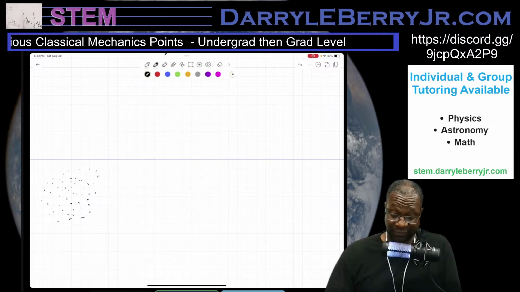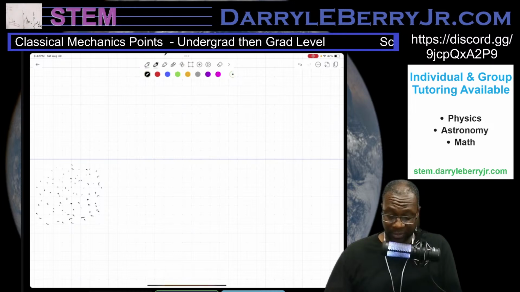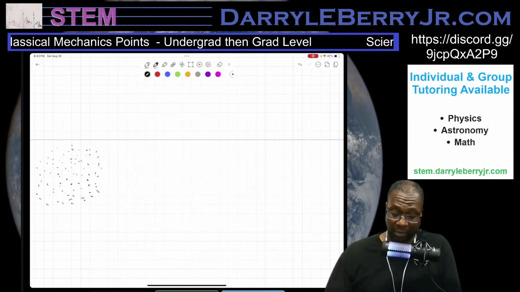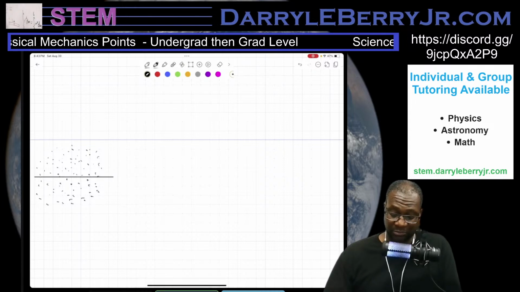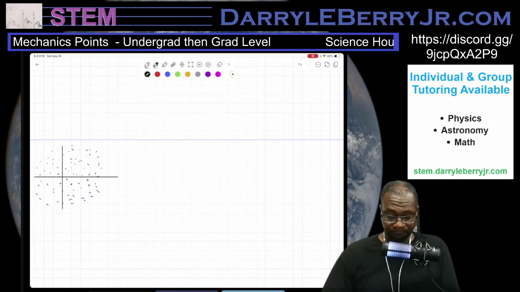Like, let's say a galaxy of stars. You all know I'm interested in astronomy. My focus in graduate school is an astrophysics focus. Let's say we have this galaxy of stars, and we want to understand the motion, how we might utilize physics principles to describe the motion of each of these particles.